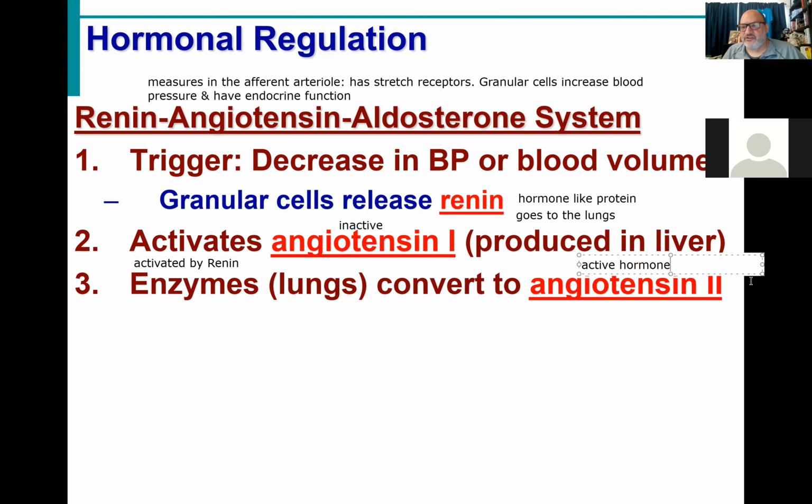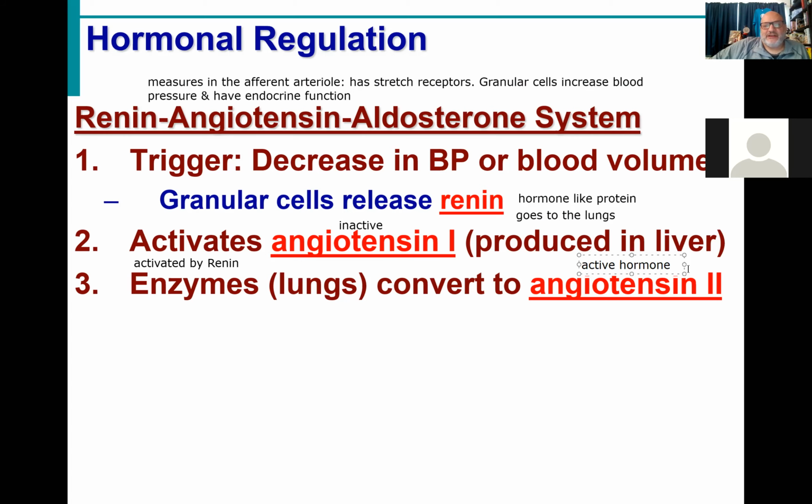So, of course, the question is, why doesn't the kidney just make angiotensin 2? I don't know. For whatever reason, this is the long, convoluted, wandering path that this occurs.